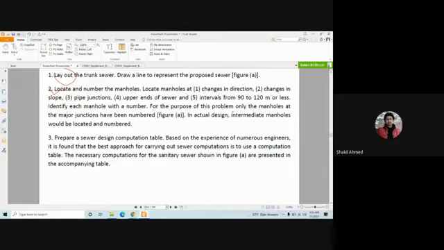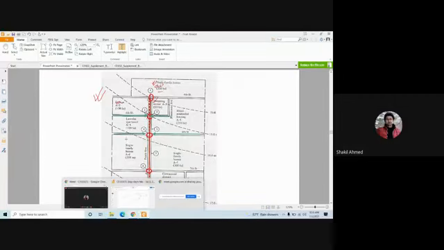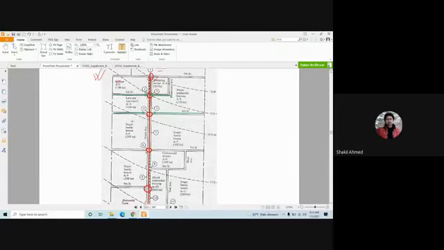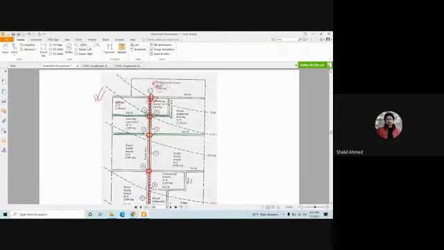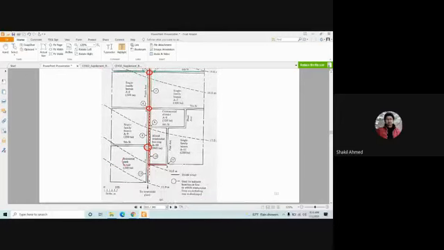For the purpose of this problem, only the manholes at the major junctions have been numbered in Figure A. That means here. In this case, it's numbers 1, 2, 3, 4, 5. These are the manhole numbers. Clear? Yes, sir.